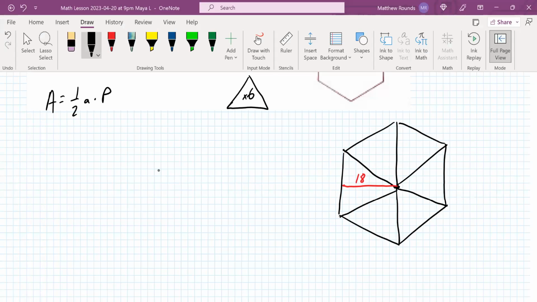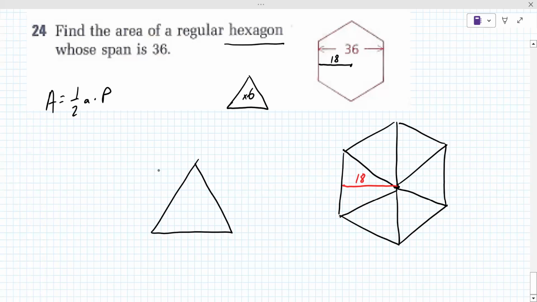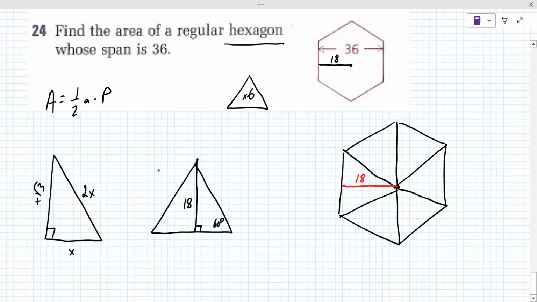So it might be wise to draw a single triangle with the apothem 18 and the 60 degrees here. I'll draw in the reference triangle. Okay, so 18 equals x root 3. Good. You got to solve for x, please. Okay, x equals 6 root 3, I believe.